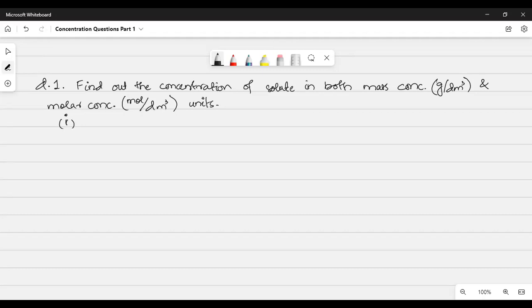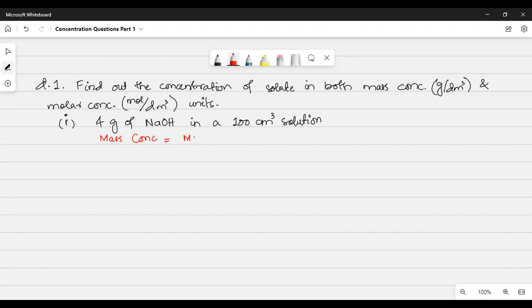Okay, I'm going to do the first question as an example for you. So 4 grams of NaOH in 100 cubic centimeter solution. Okay, so if that's the question, how are you going to work it out for mass concentration? First off, mass concentration is pretty easy.